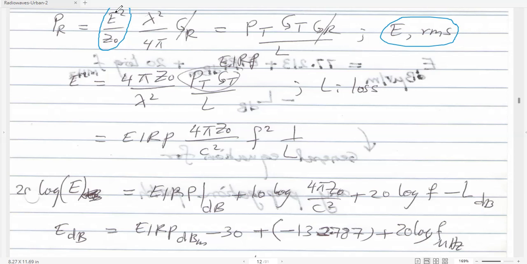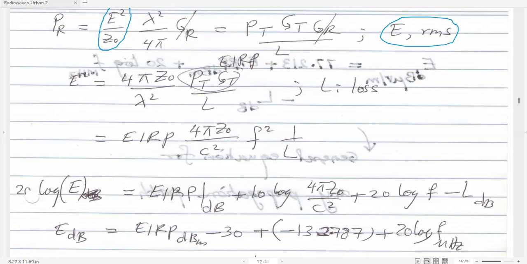And the power density times the effective area of the receiver should equal the received power. Effective area is lambda squared over 4 pi times GR. Lambda is the wavelength in meters, and GR is the gain of the receiving antenna. P received is also equal to P transmitted times G transmitted times G received over loss. This is a general formula also.